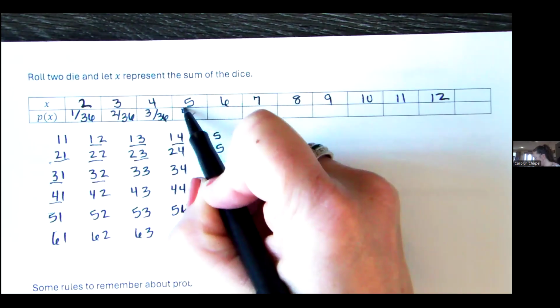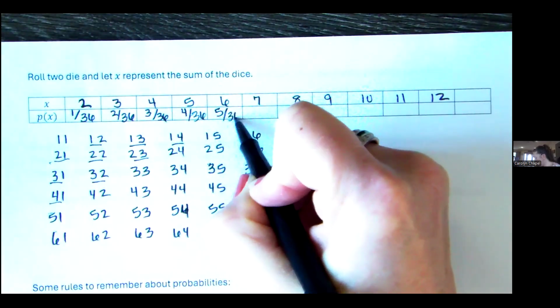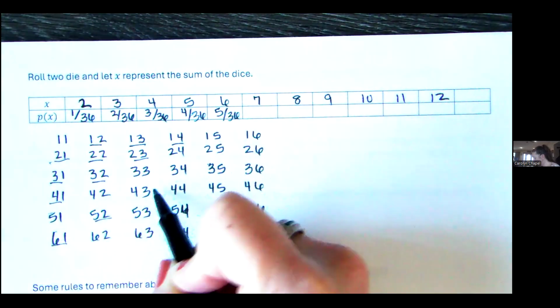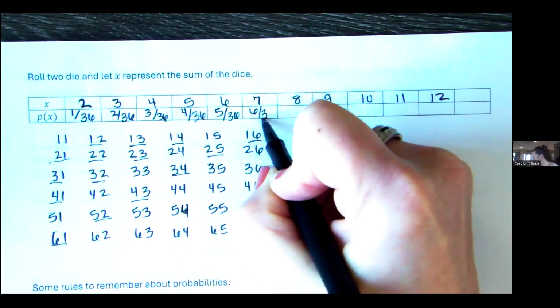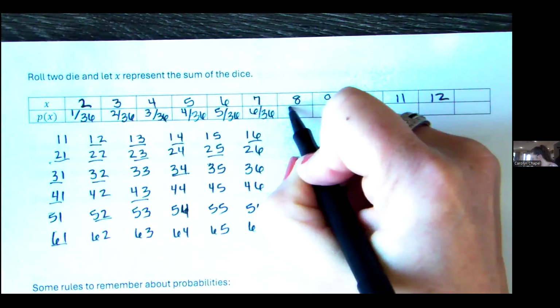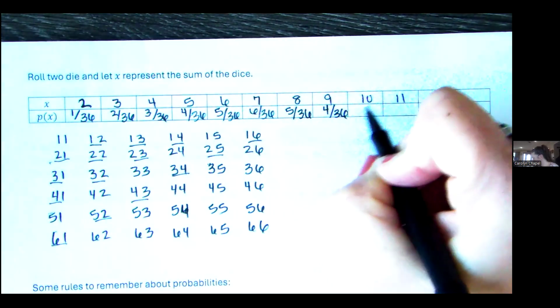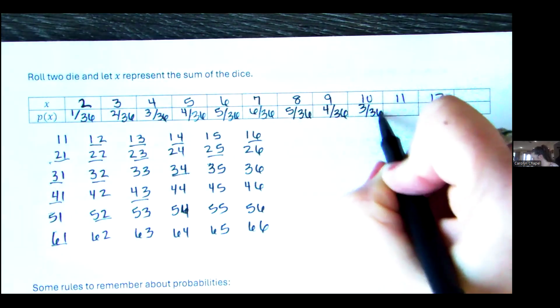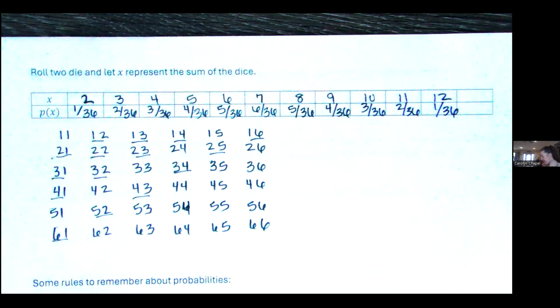So there's 4 out of 36, 5 out of 36. 7 is the longest one, which is 6 out of 36. And now we start coming back down. So 5 out of 36, 4 out of 36, 3 out of 36, 2 out of 36, and 1 out of 36.